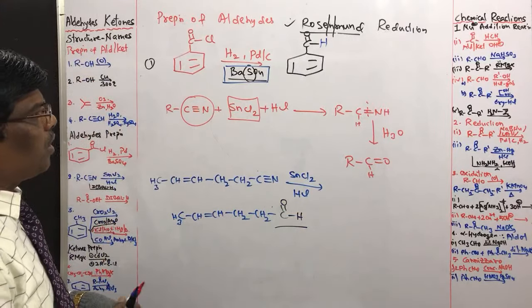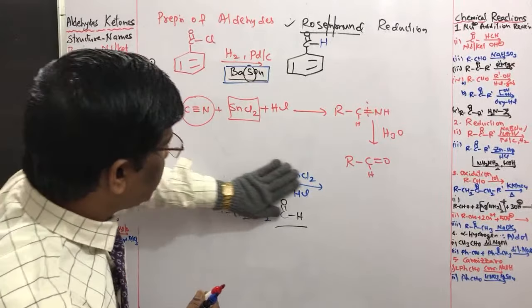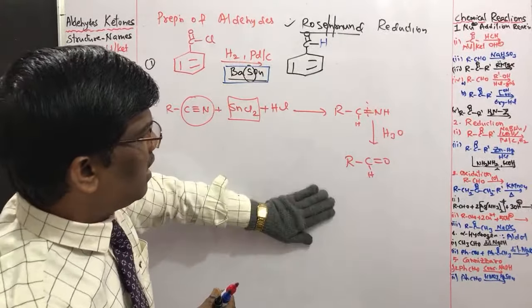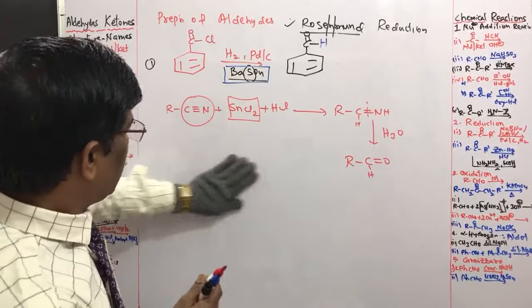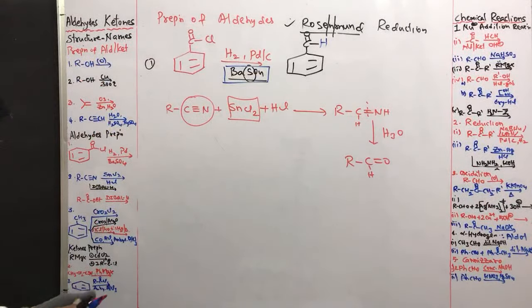And a very important reagent which has been asked in all sessions is DIBAL, diisobutyl aluminium hydride, a reagent which is specific for the reduction of nitriles.